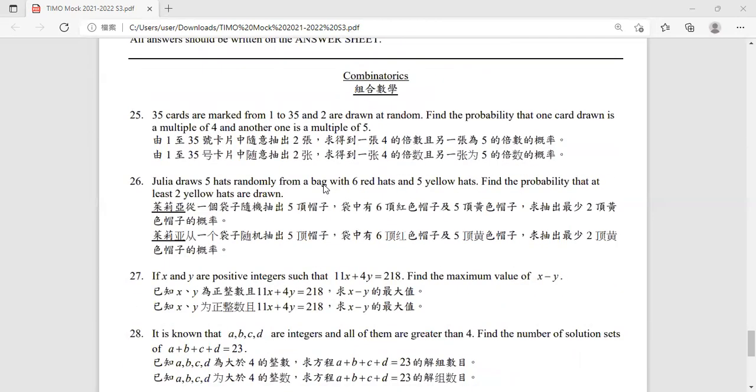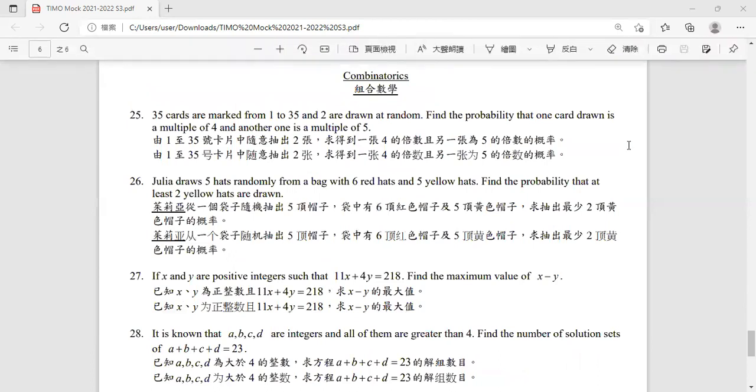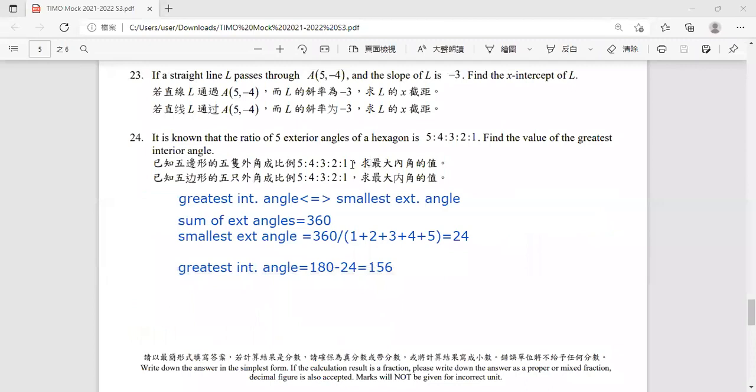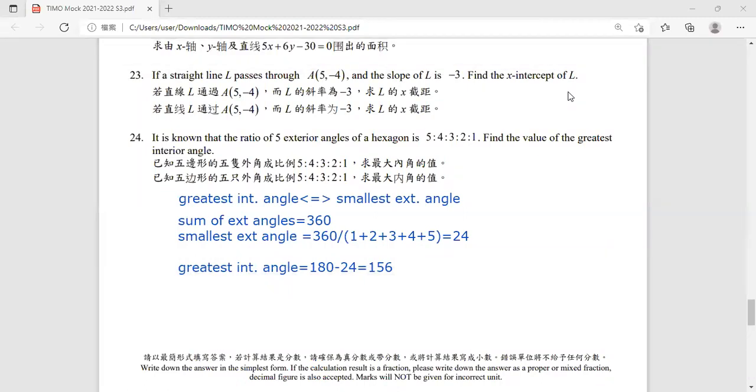Okay, 25. I think it's a pentagon because the Chinese version is a pentagon.